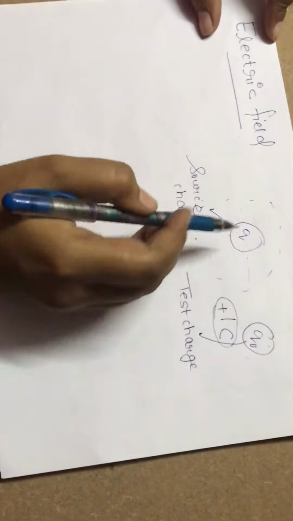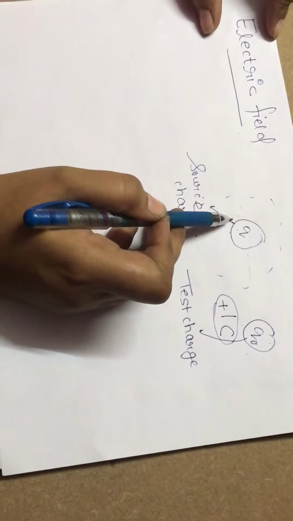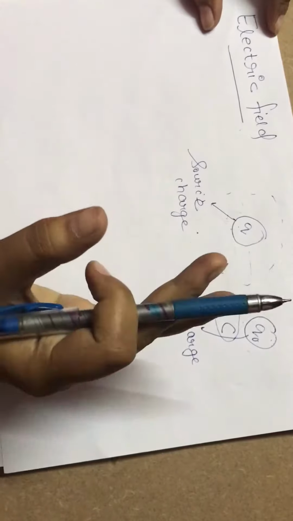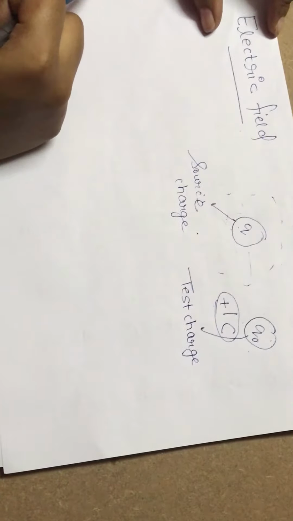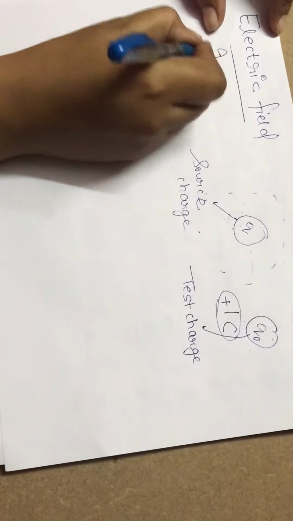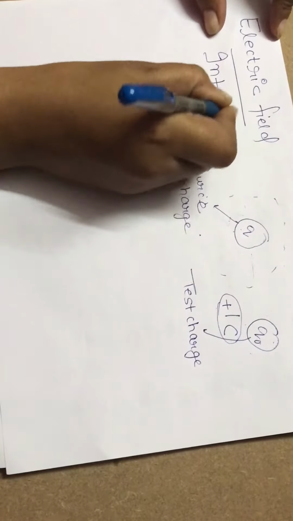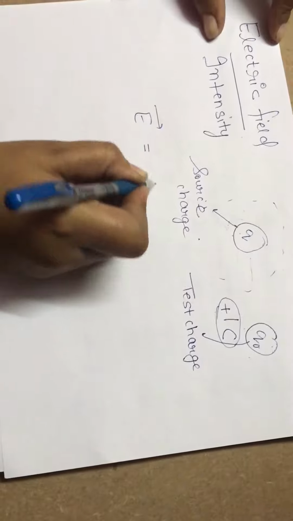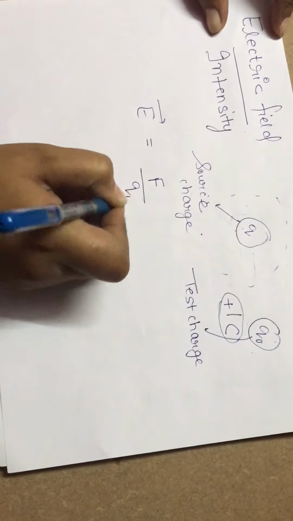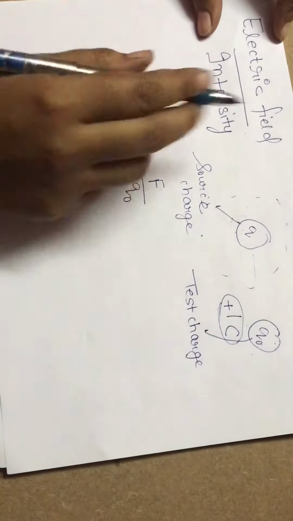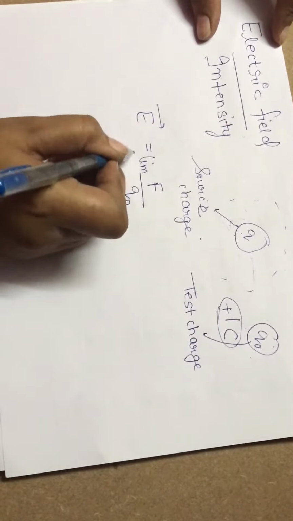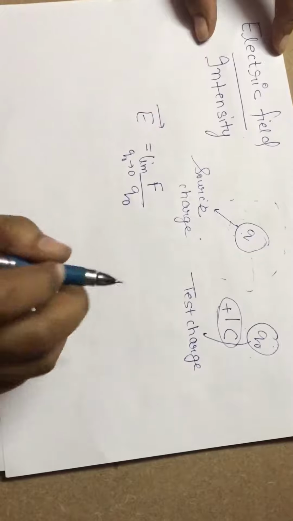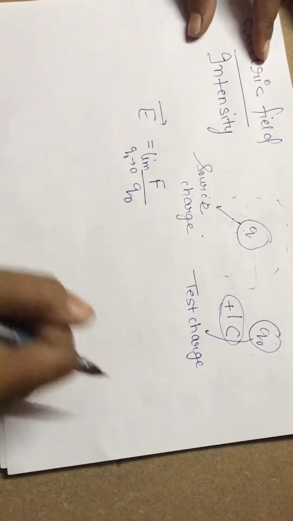Now a particular charge has the intensity to oppose or attract another charged particle. This is called electric field intensity, and it is defined as the force per unit test charge, in the limit of the test charge going to 0. The test charge is very small, that's why we are taking this limit.